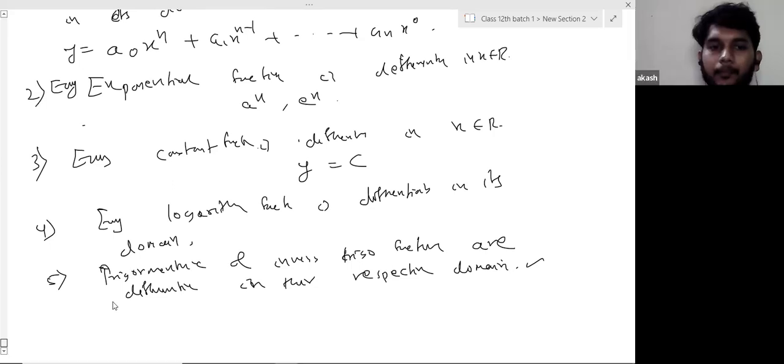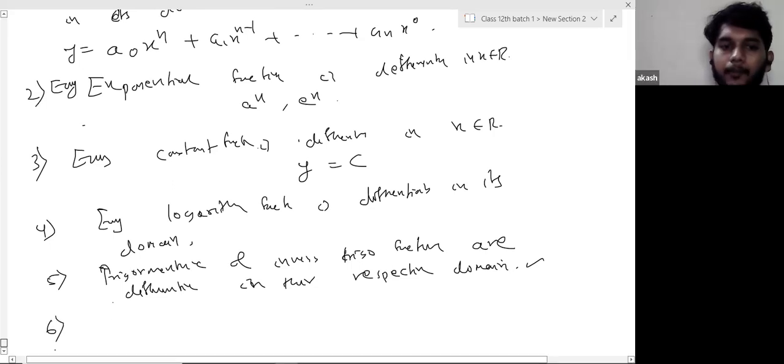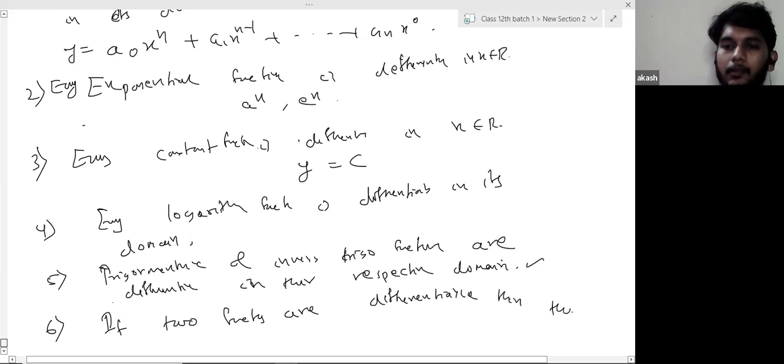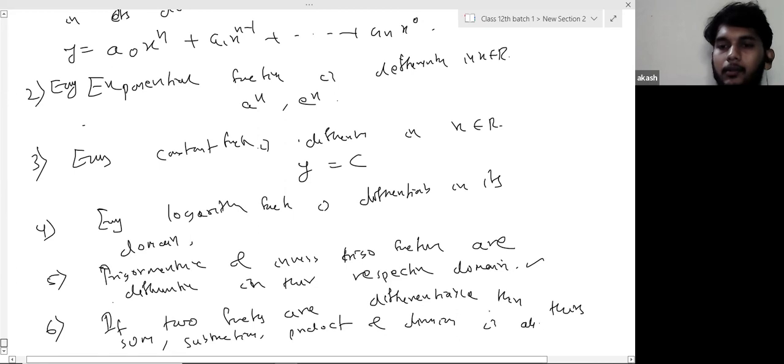Note it down. The last point is there. If two functions are differentiable, then their sum, subtraction or difference, product, and division are also differentiable. All right.